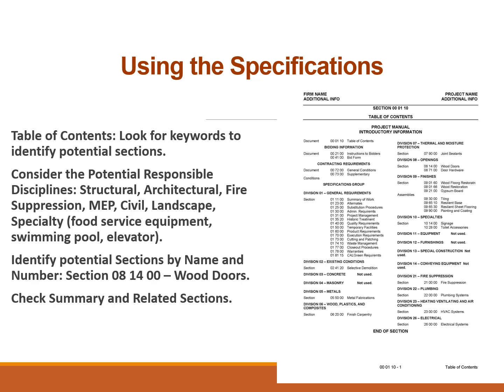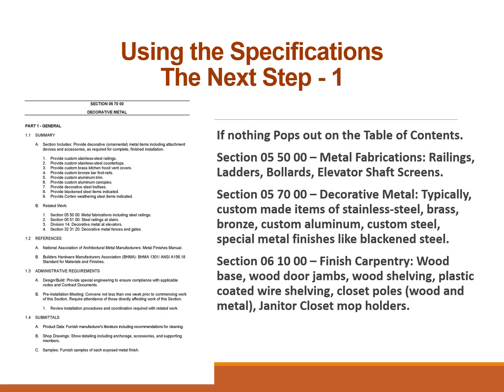Moving on to the next slide, using the specifications. Once you get past the table of contents, then you need to start figuring out how you find other information. And we were talking about the wood door frames. Where are they at? Well, in this particular case, if you look at the column on the right side, if nothing pops out on the table of contents, metal fabrications includes railings, ladders, bollards, elevator shaft screens.